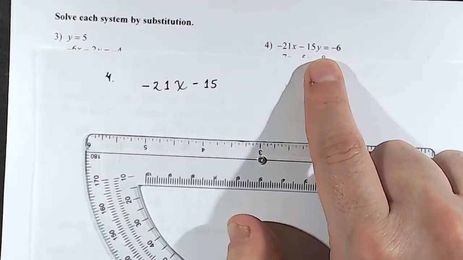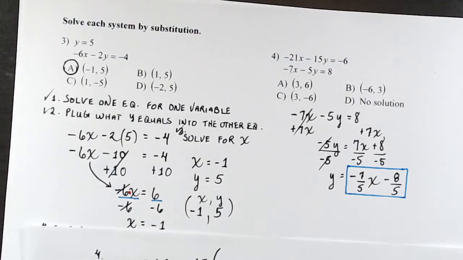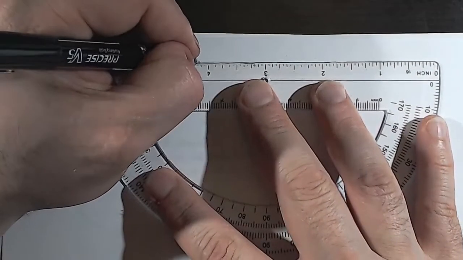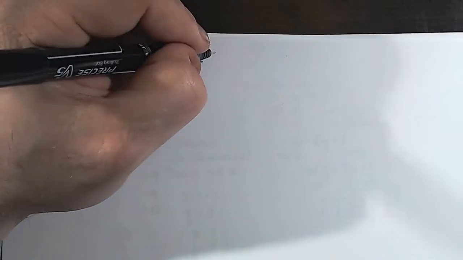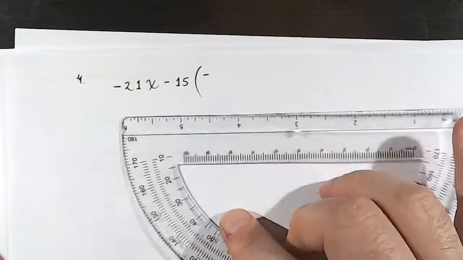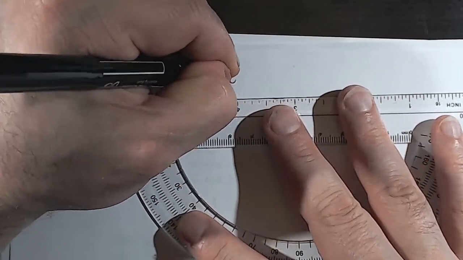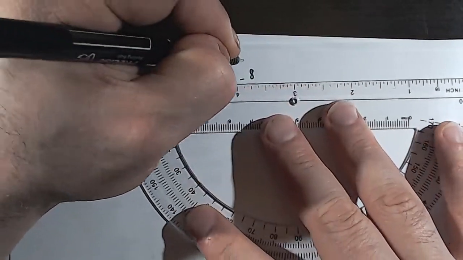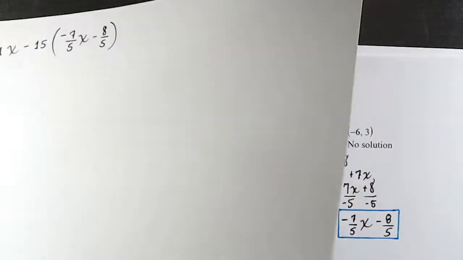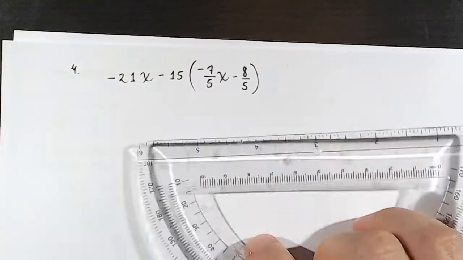And instead of writing y, I'm going to put a huge open parentheses and stick in negative 7/5 x minus 8/5. All right, and then that equals negative 6.